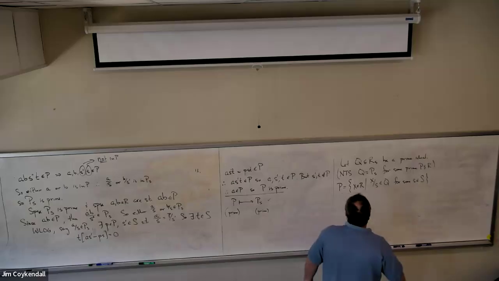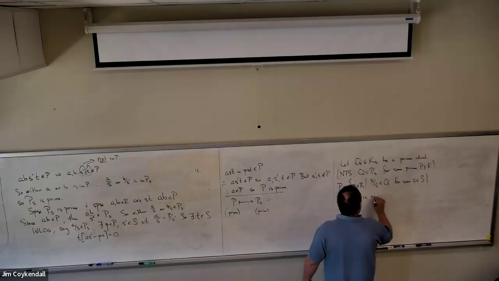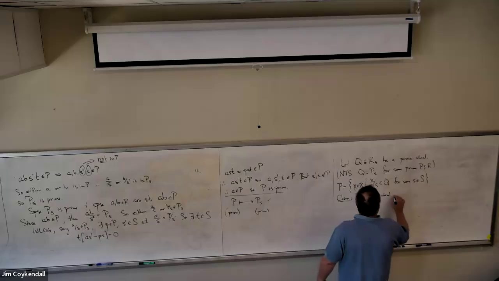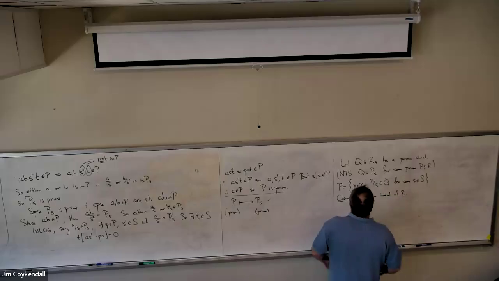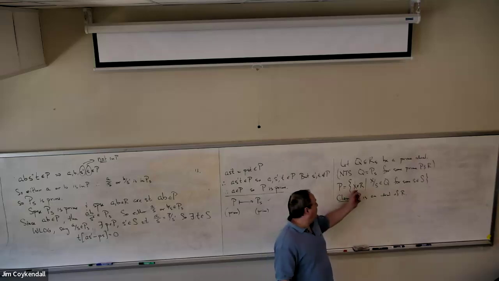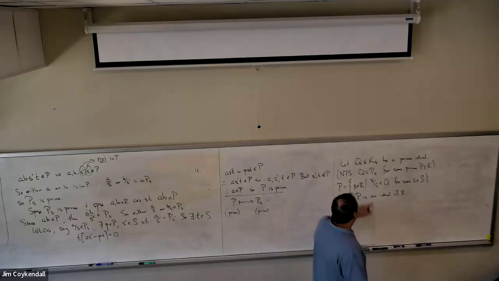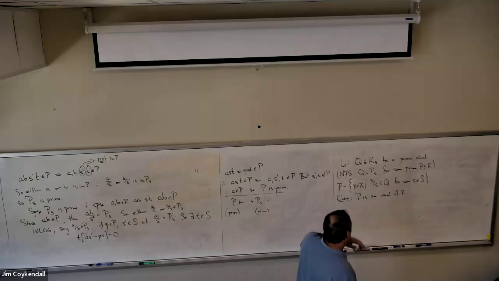I claim that P is an ideal of R. It's certainly a subset of R by definition. It's certainly not empty because, for example, 0 is in here, because 0 over s, the 0 element, has to be in this prime ideal.